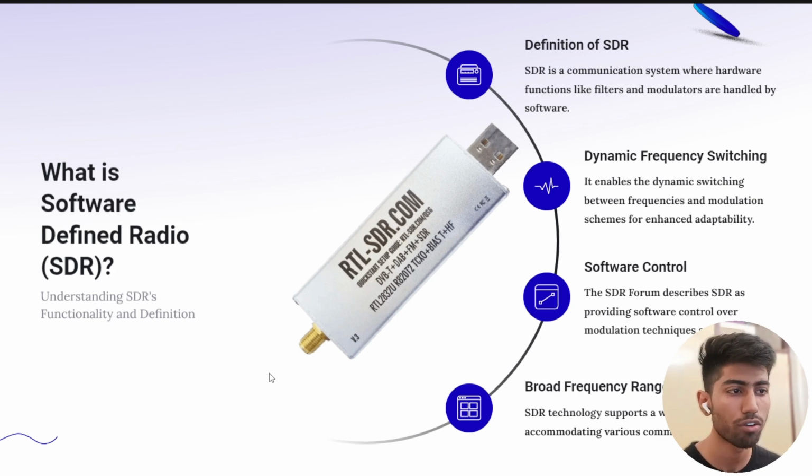Software control is the most accessible and useful part, providing control over modulation techniques and waveforms. There is also the benefit of broad frequency ranges, as it supports a wide frequency range and accommodates various communication needs.